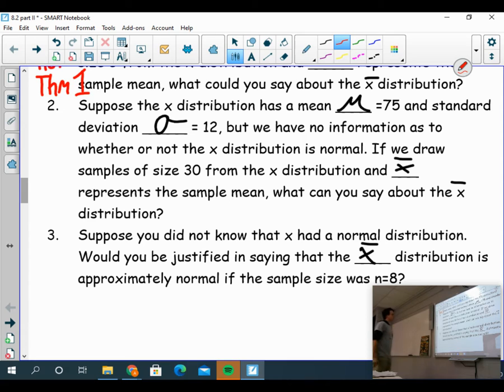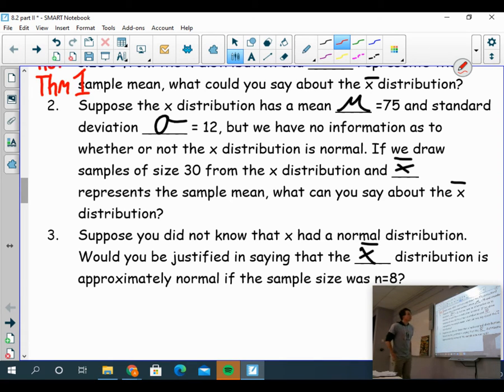Suppose the X distribution, talking about population, has a mean mu equals 75 and standard deviation sigma equals 12. But we have no information as to whether or not the X distribution is normal. If we draw samples of size 30 from the X distribution and X bar represents the sample mean, what can we say about the X bar distribution?